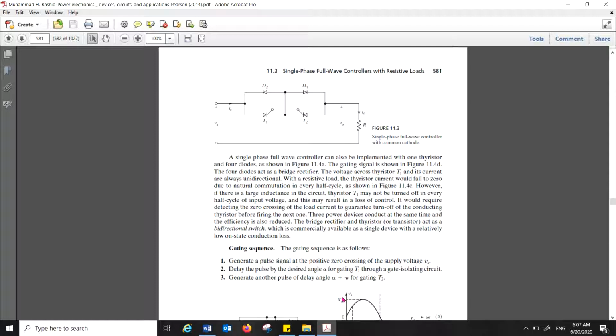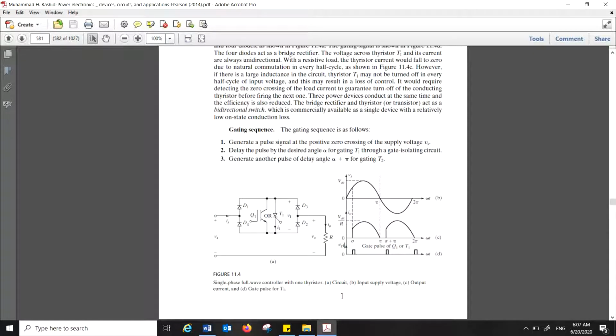Two thyristors are connected in opposite direction, and two diodes are connected back to back in the opposite way. And this is the third part, where the diode bridge is used with the thyristor connected in between.